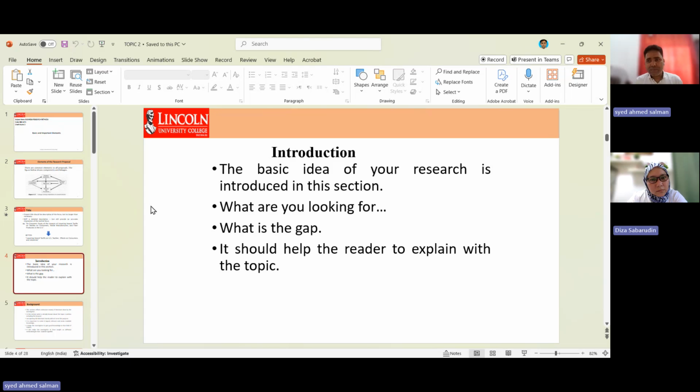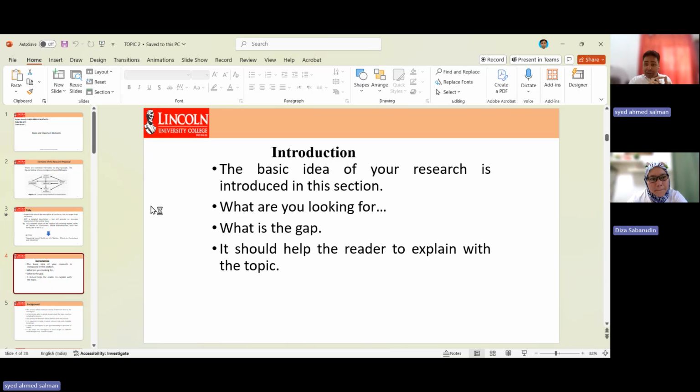I have already explained in the previous section what the research gap is. If somebody has not written exactly on this topic, or they have written already but the topic is very broad, you have already narrowed it down to the state of Selangor and to private universities.